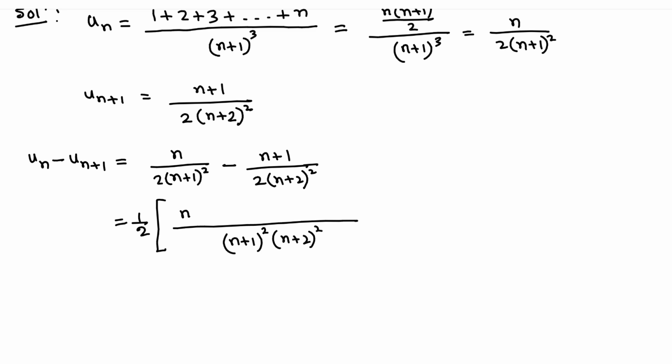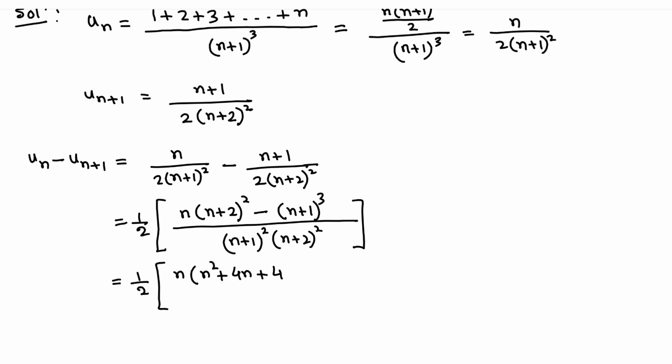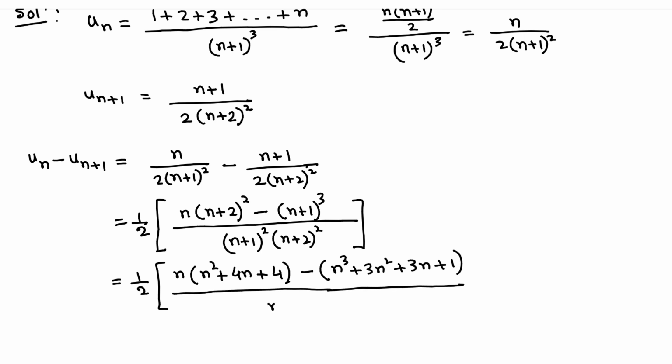So we are getting n into n plus 2 whole square minus n plus 1 whole cube. So this equals half into n into n square plus 4n plus 4, minus a plus b whole cube, a cube plus 3a square b plus 3ab square plus b cube, divided by n plus 1 whole square into n plus 2 whole square.